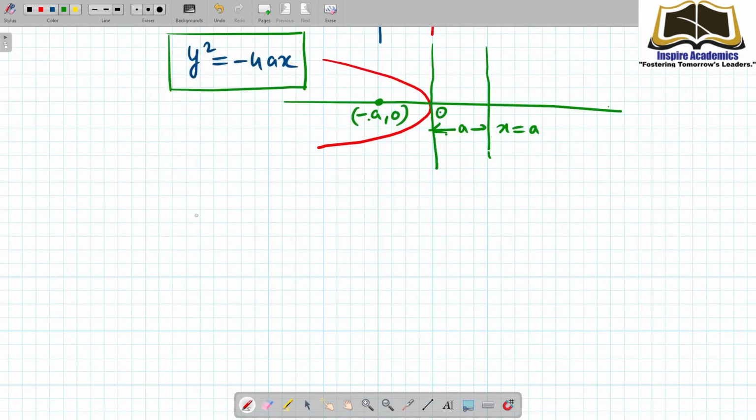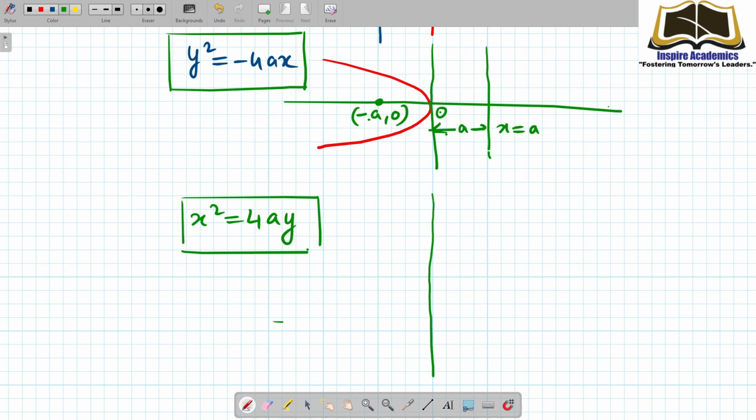We can also see yet another form, x square equal to 4ay. It will be upward. So how would it look? It would look like this. The focal point would be here, 0 comma a.